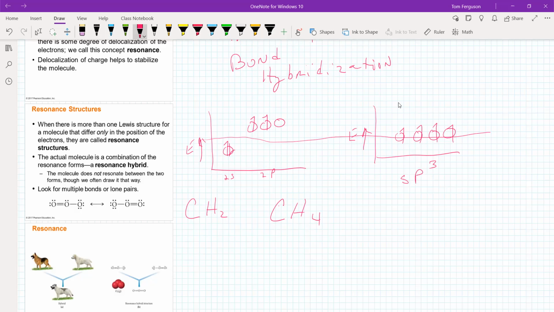Okay, so an sp3 hybridized bond is composed of an s and 3 p's together. So this would be a 2s subshell, a 2p subshell. This is an sp3 subshell.